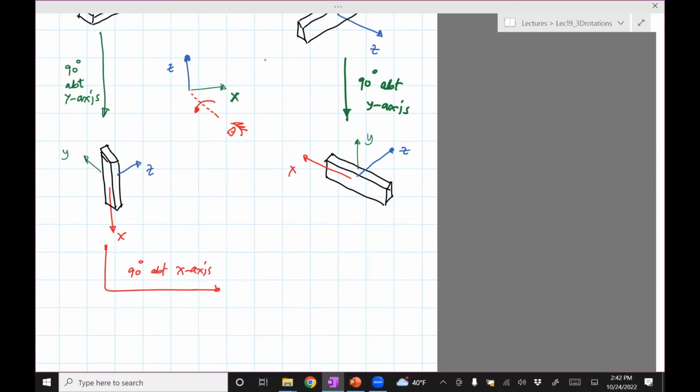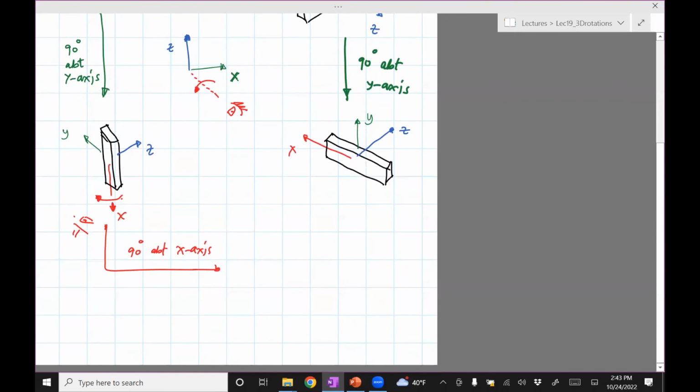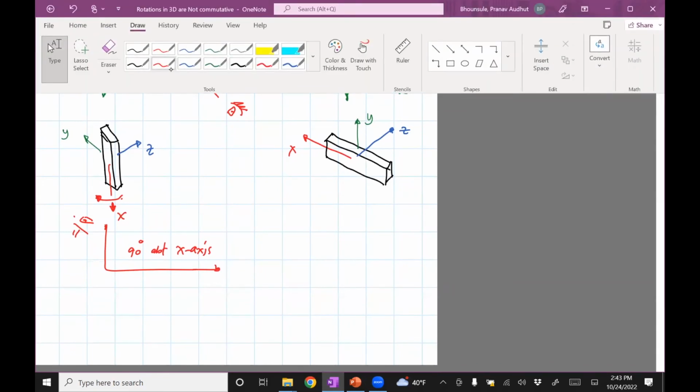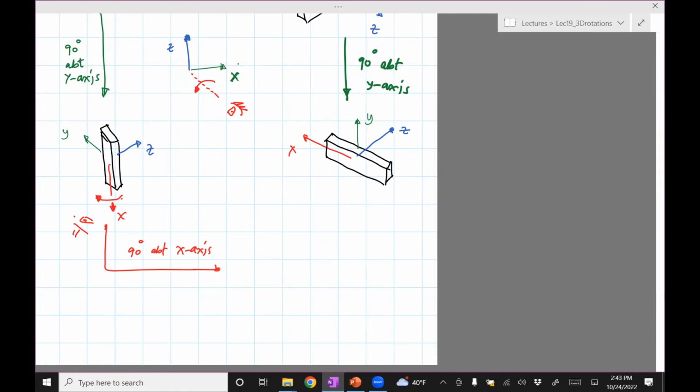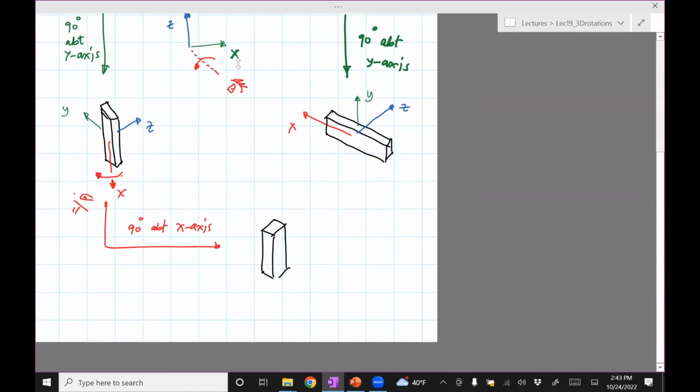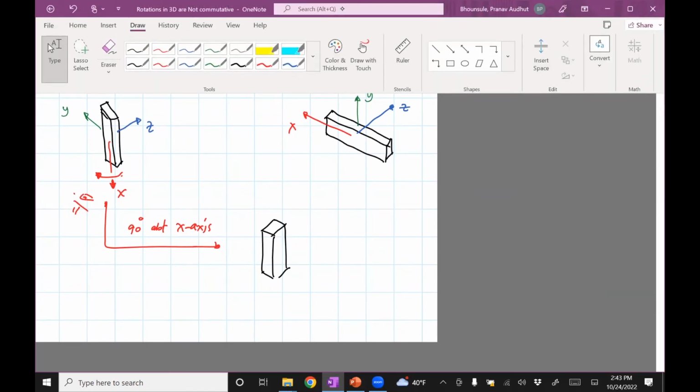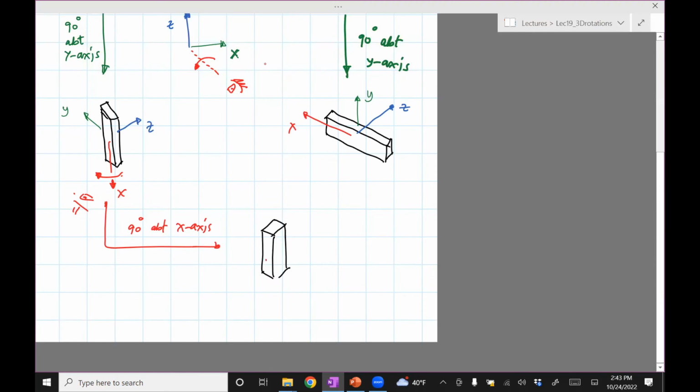When I say 90 degrees about the x-axis, I look at it from the x-axis and curl my fingers along this. I've actually lost track of how I got these in my notes, but let me convince you via an actual object. Hold on, let me finish this. Good. So the x-axis is unchanged.